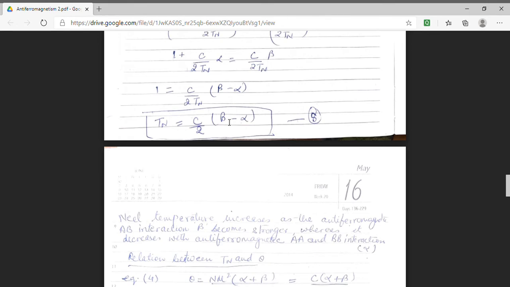That means Néel temperature rises with the AB interaction, and this Néel temperature decreases with the parameter alpha. Now this is the value of Tn. I am obtaining a relation between Néel temperature and a constant temperature denoted by theta.